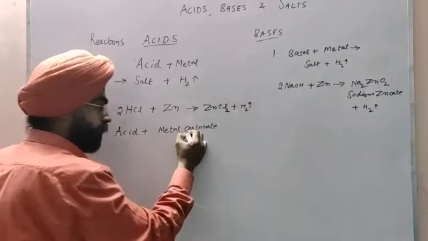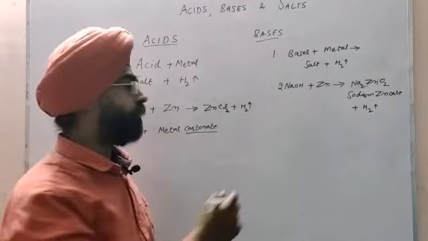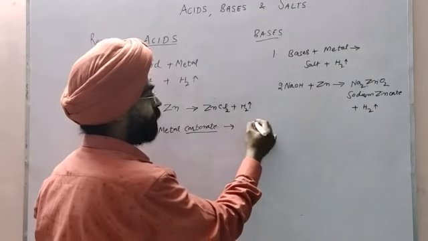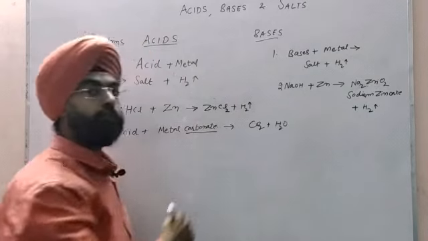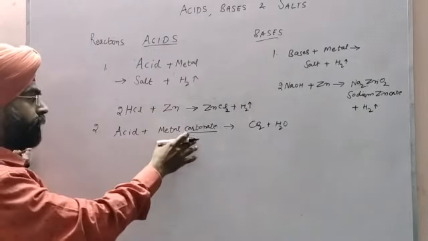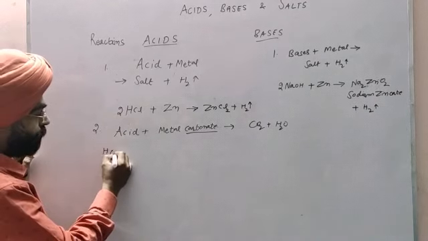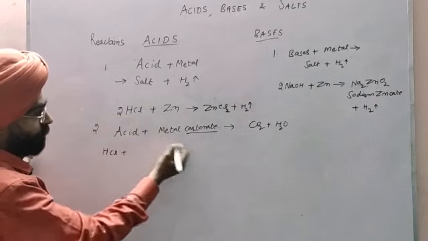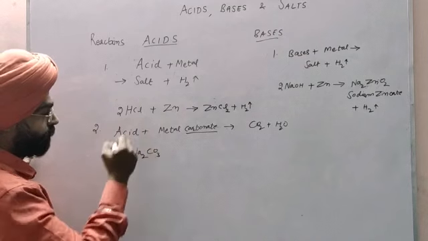whenever there is a carbonate, you need to learn that there is a fundamental logic behind it: they are going to release CO2 and water whenever any carbonate reacts with any acid. Take the example of HCl again, reacting with any metal carbonate. Take sodium carbonate, Na2CO3.